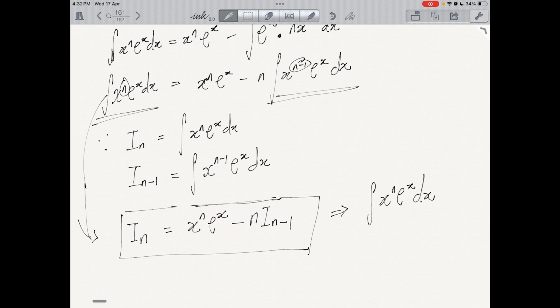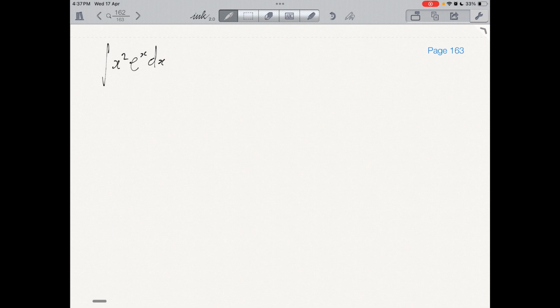Now let's take an example: x squared exponential x to be integrated with respect to x. Now recall that the reduction formula for x raised to power n exponential x dx is given as In, which is the same thing as x raised to power n exponential x minus n In minus 1.